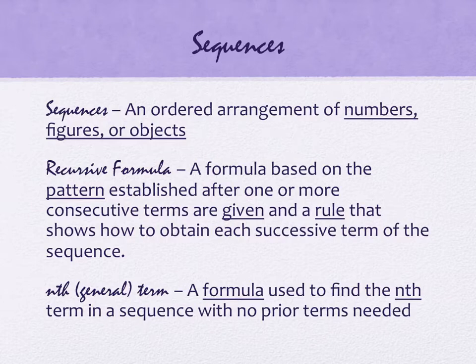The opposite of that, or we'll say opposite, is having a general term: a formula used to find the nth term of a sequence with no prior terms needed. So that same one that I gave you, I think I'll write it down to show the difference.